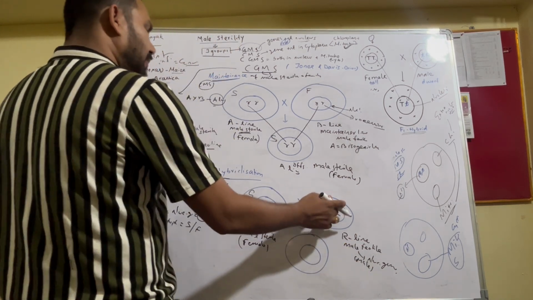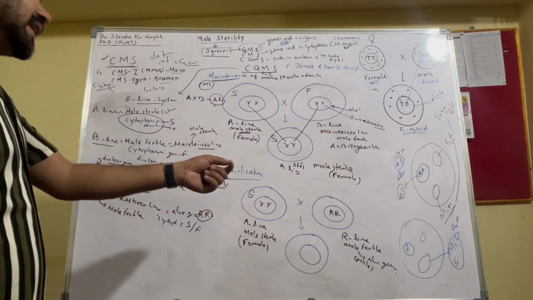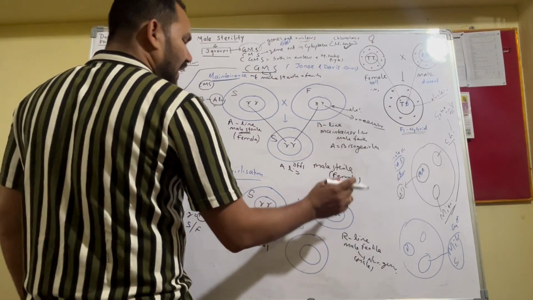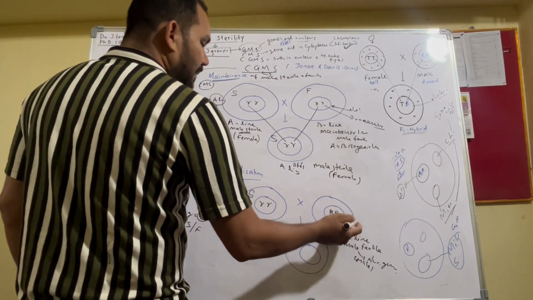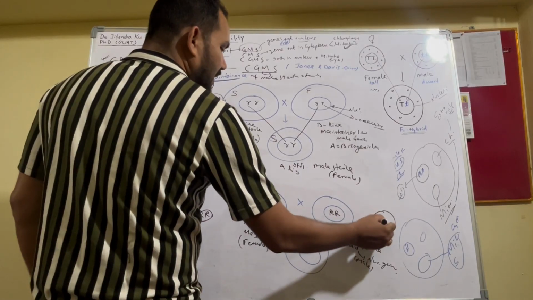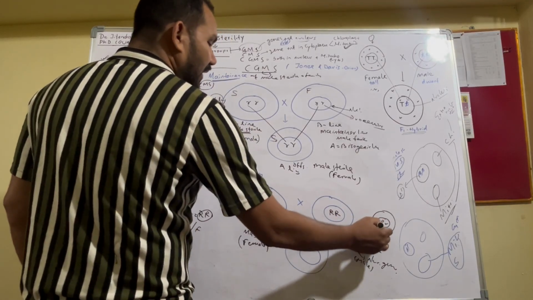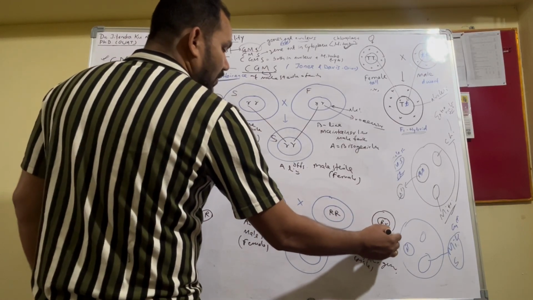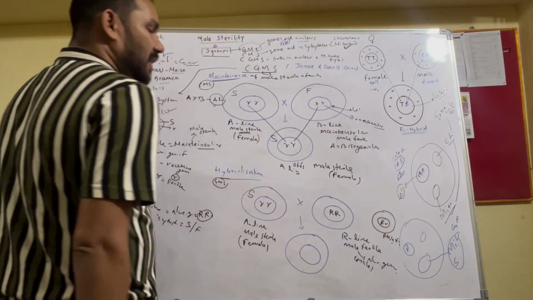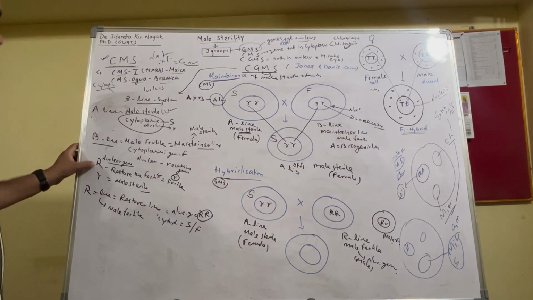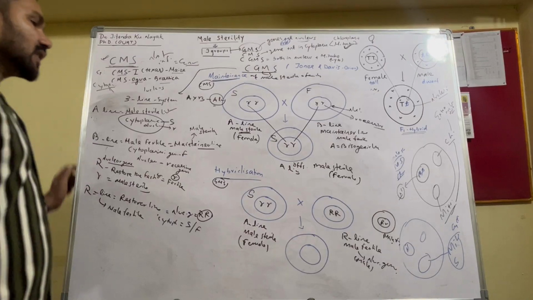And if your cytoplasm contains capital R, or suppose here it is capital R small r, then it also becomes male fertile because capital R is present. Means R is dominant, it restores the fertility.